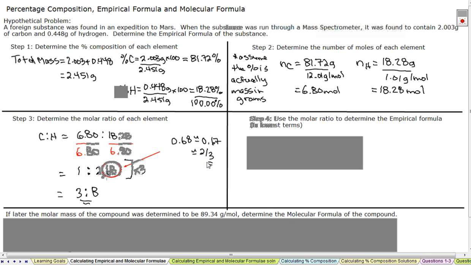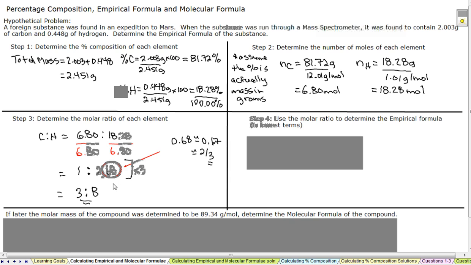Now, to get rid of the decimal, or the fraction, we multiply the fraction by the denominator, in this case 3. So if I multiply this whole thing by 3, I can get rid of the decimal, and when I do, I get a ratio of 3 to 8.